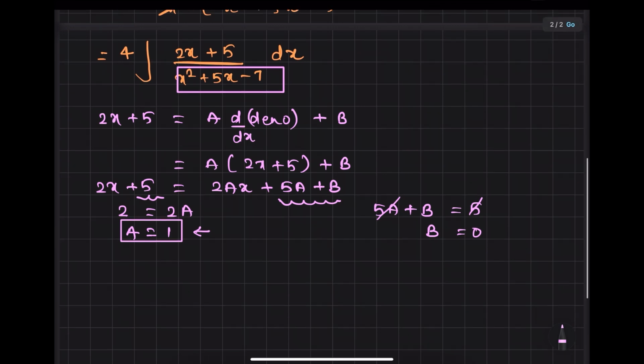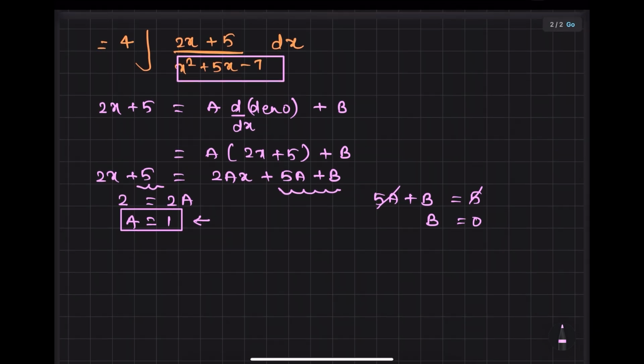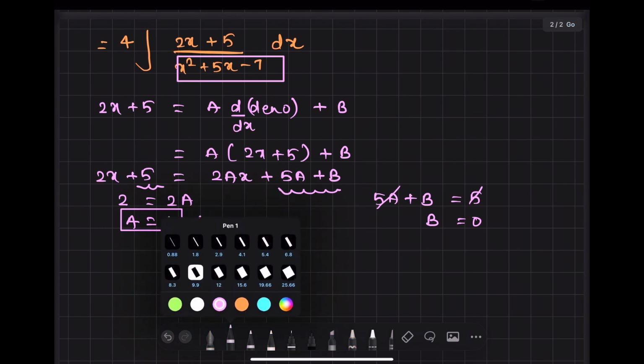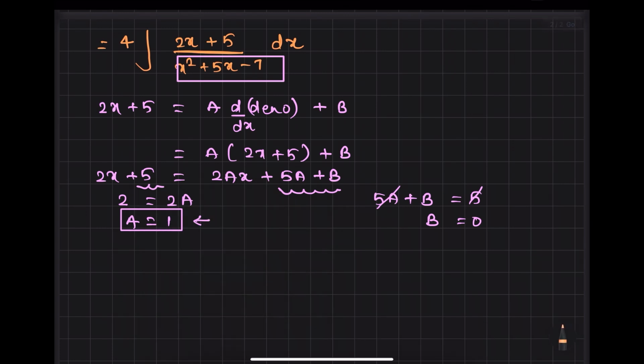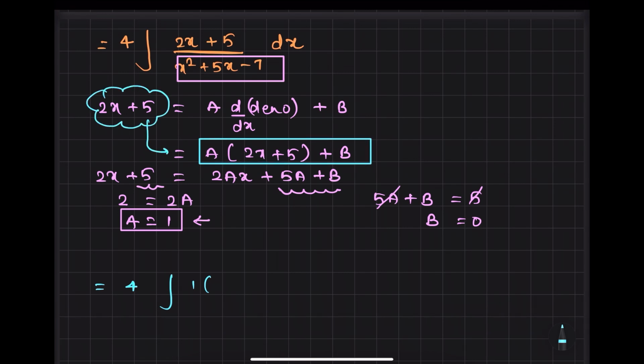Now can I write the same question as, you know that I can write 2x plus 5 as that combination. So look at this part. I will be writing 4 times the integration, where a was 1, so I will be writing 1 times this, because this thing and this thing are the same.